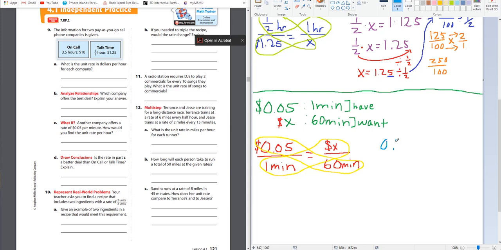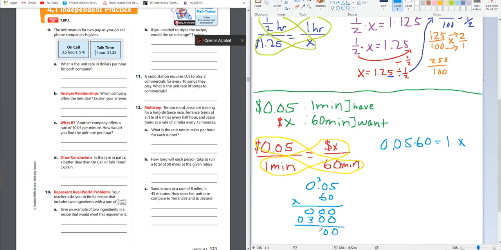So I have 0.05 multiplied by 60 is equal to 1 times x. So what's 0.05 times 60? Let's find out. 6 times 5 is 30. 6 times 0 is 0, plus 3 is 3. 6 times 0 is 0.